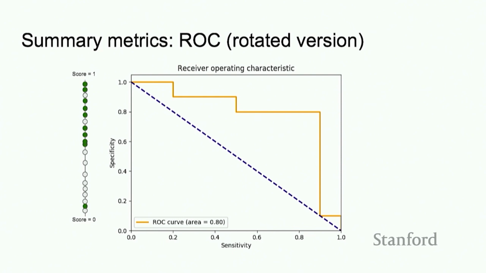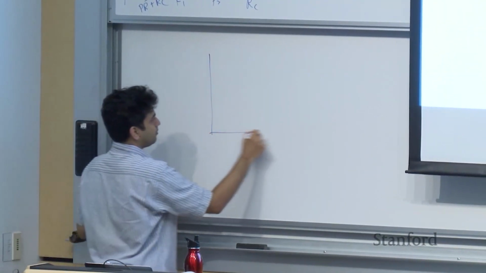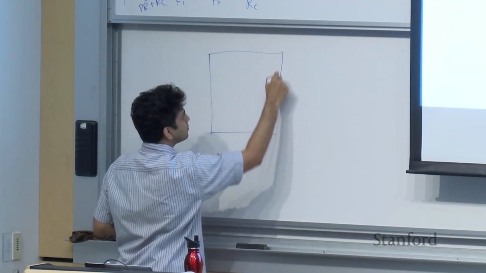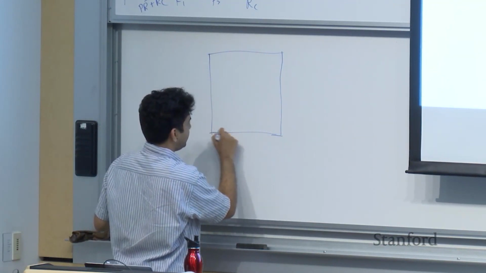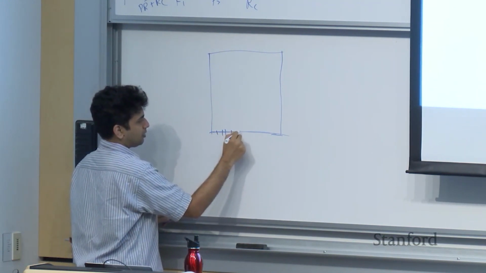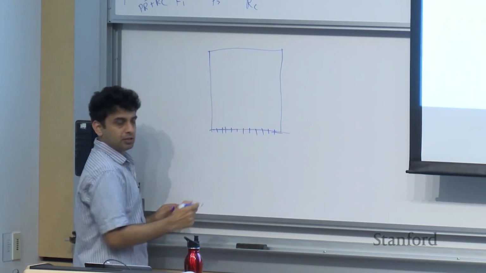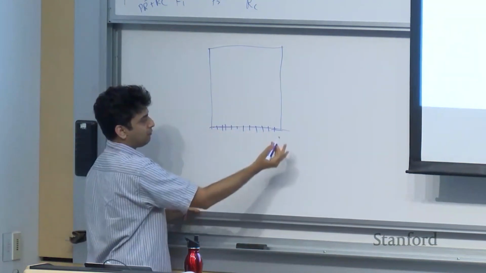Another way to think of the ROC curve is to create a grid, where you chop up the horizontal axis into equal sized ranges, as many as the number of positive examples you have.